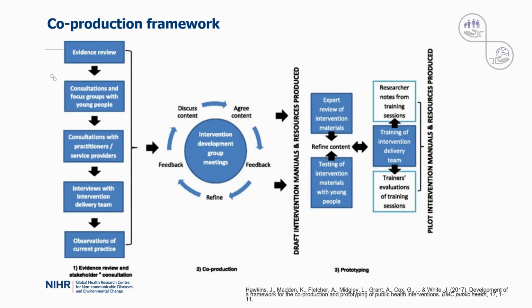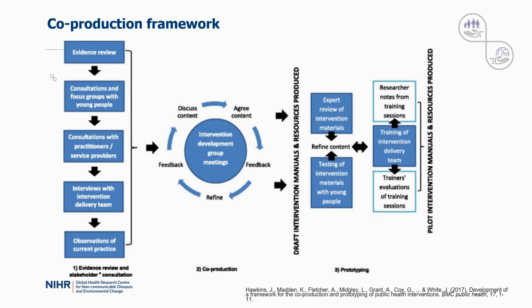If we look at the left-hand side of the framework, this is very similar to contextual inquiry of the co-design framework. The key difference here is the adaptation of existing content by taking user feedback through an iterative process in the middle. Different tools can be used in this step, which we'll explore further in the second part of the lecture.